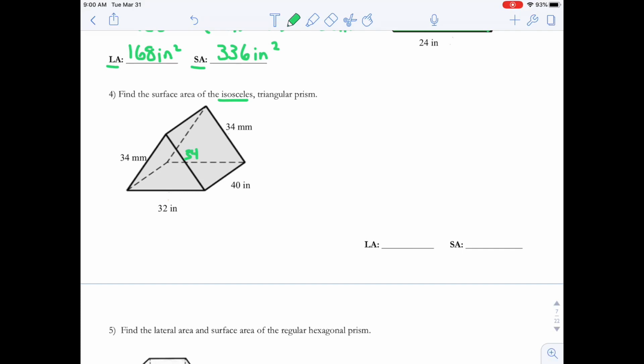So again, starting off, finding our lateral area will be your perimeter times your height. Well, the perimeter is of our isosceles triangle. So whatever your shape is, that's the base. So 34, 32, and 34 again.